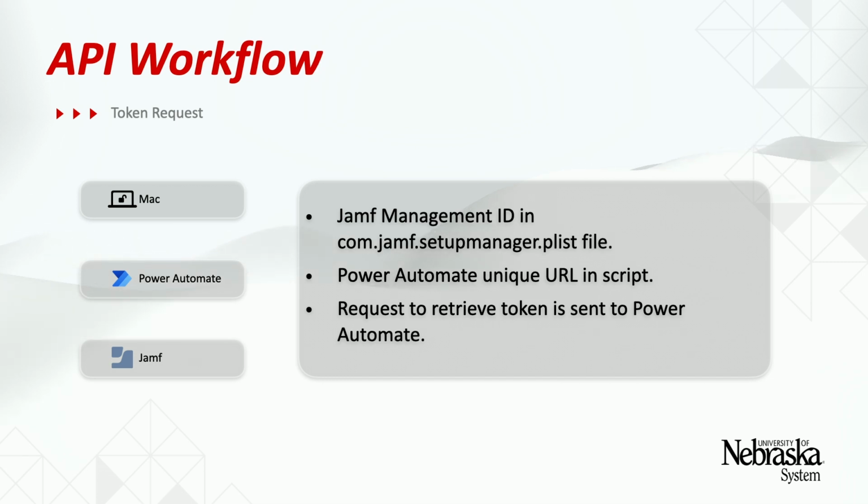And then our request to retrieve a token is initiated. So the device itself is going to initiate a process in that script to say, send me a token to perform other actions in this workflow.